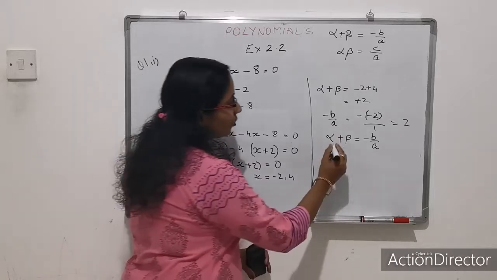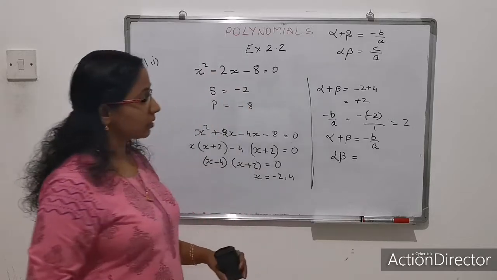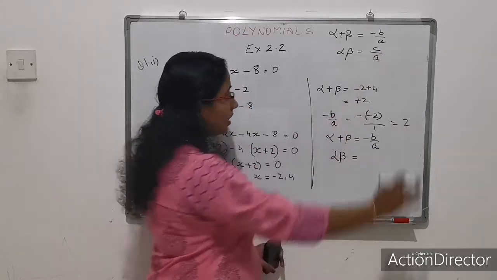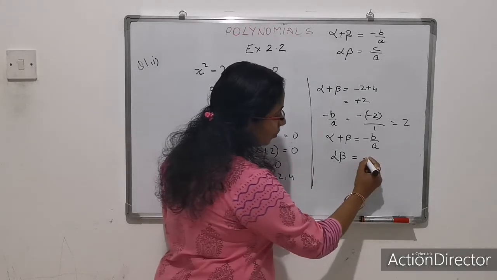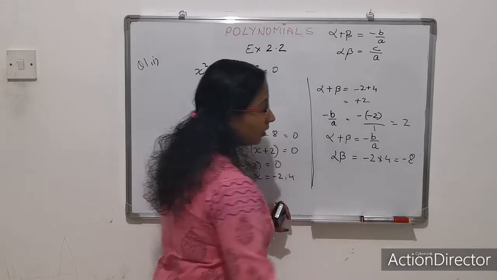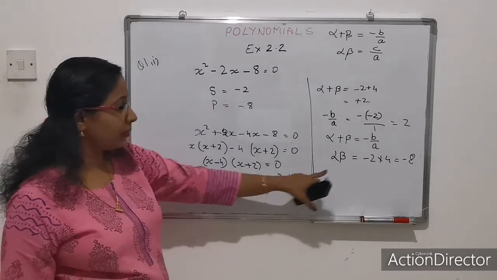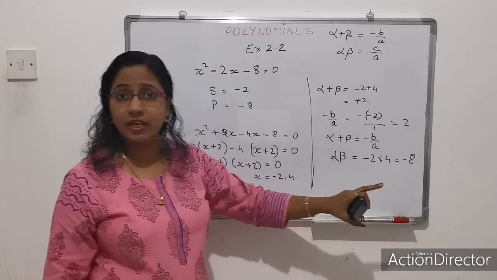Now we also have to do alpha beta. We have to check both. Alpha beta, they are telling us it is c by a. For us it is minus 8, right? Minus 2 into 4. That is minus 8. We have to multiply these numbers. Alpha is minus 2, beta is 4. 2 into 4 is 8, so minus 8.